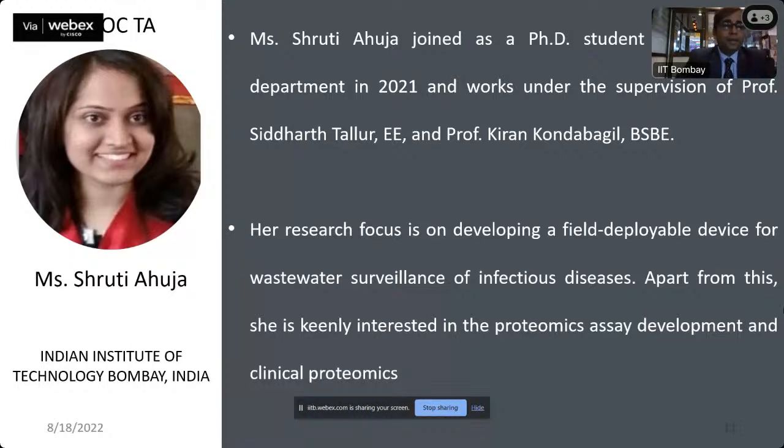All right. Additionally, we have Shruti Ahuja as one of the PMRF candidates who's also doing the TA-ship for the course. She works under Professor Kiran Kondabagal's lab at BSB along with Siddharth Talur from Electrical Engineering. Her work is on developing a field deployable device for wastewater surveillance of infectious diseases.